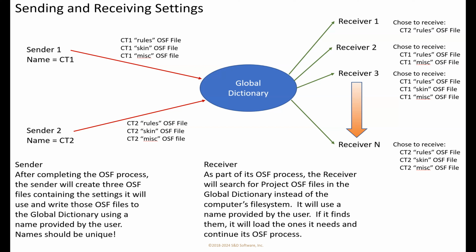Whereas receiver number 3 is going to take everything from CT1. And you could have any number of receivers. We have not found any place where TradeStation specifies a limit. And each of those receivers could be pulling different OSF files from the dictionary they choose to look at.